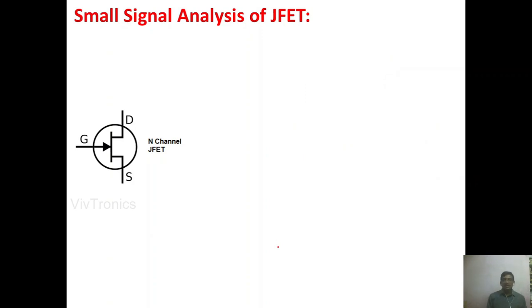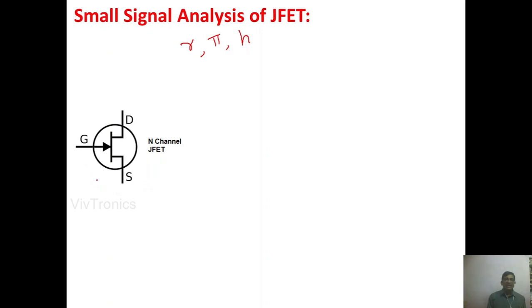Like we have the 3 or 4 types of equivalent circuits for the BJTs, like r parameters, hybrid pi parameters, and the h parameters for the BJT. Similarly, the JFET also has one equivalent circuit, which is called the small signal equivalent circuit or AC equivalent circuit.